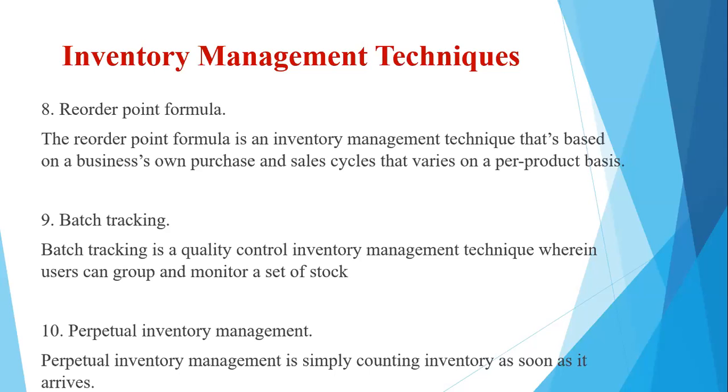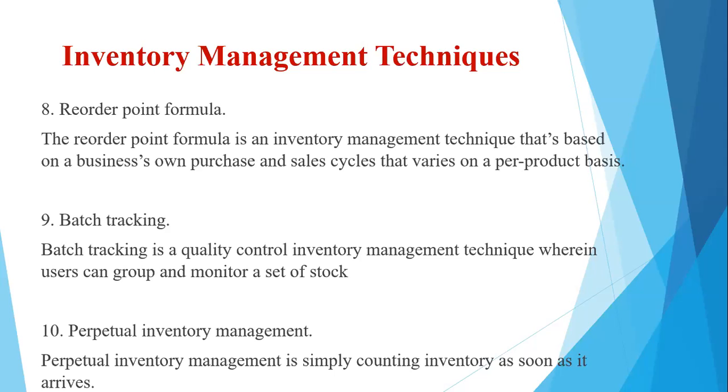Then we have perpetual inventory management. Perpetual by the word itself means takes place on an ongoing basis. So perpetual inventory management is simply counting or verifying the inventory as soon as it arrives.